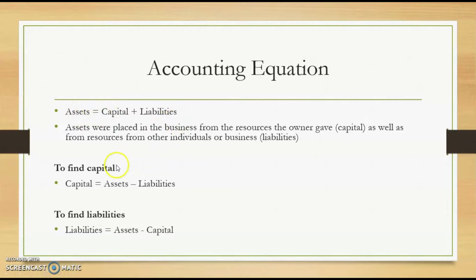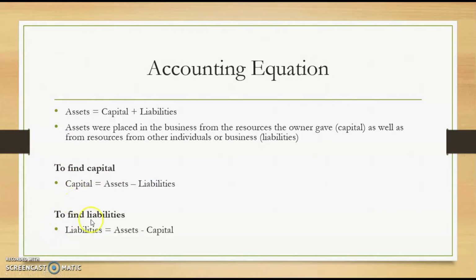If, however, you are not given the capital figure, you can find the capital by minusing liability from asset. So once you have your asset figure, things that we own, we minus the amount that we owe, and we will be able to know how much it is that the owner had placed in the business.